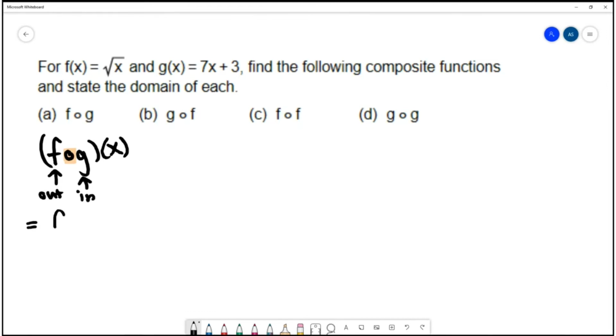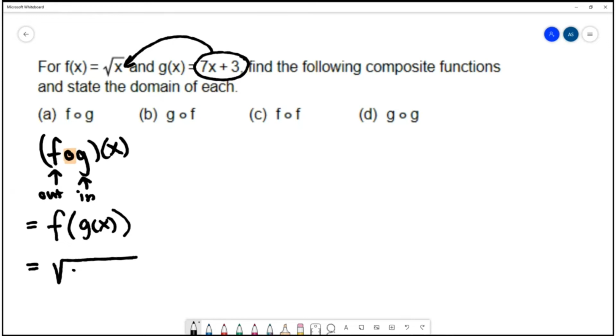So we can rewrite this as f of g of x. So this indicates to us that we're going to substitute our function g of x inside of f of x. This will give us square root of 7x plus 3.